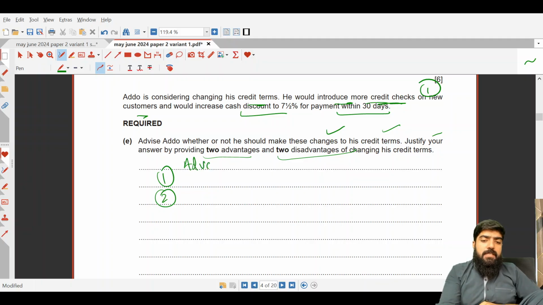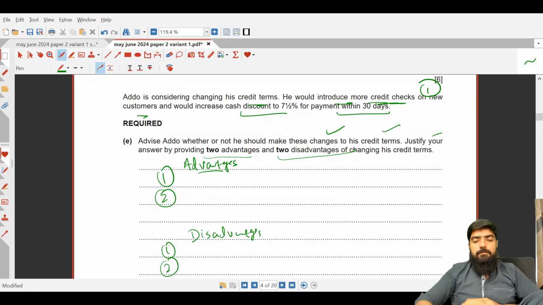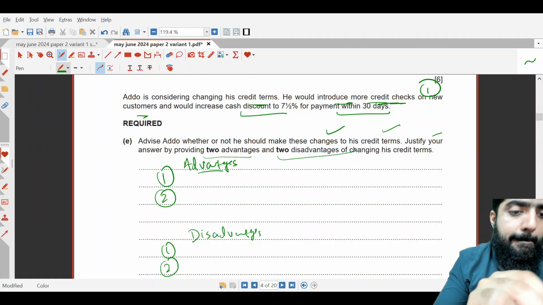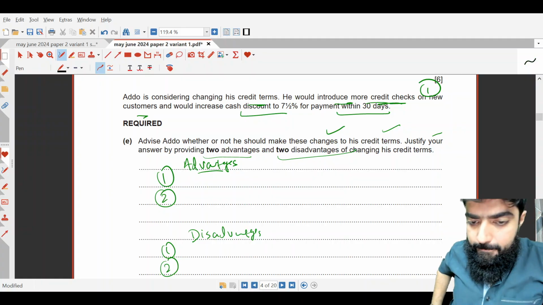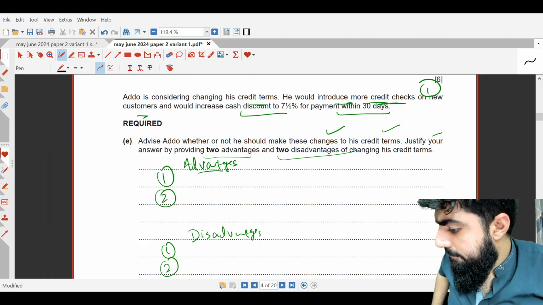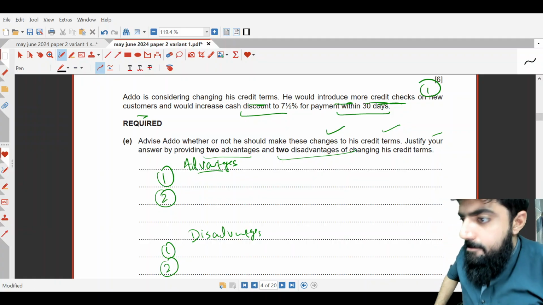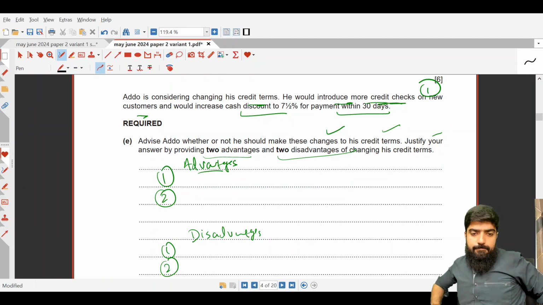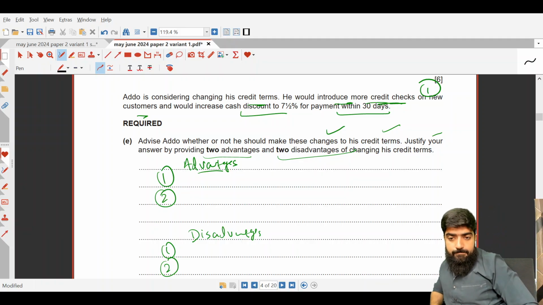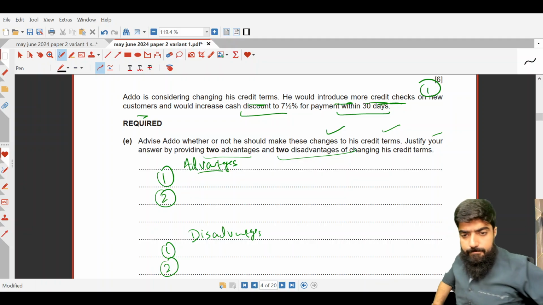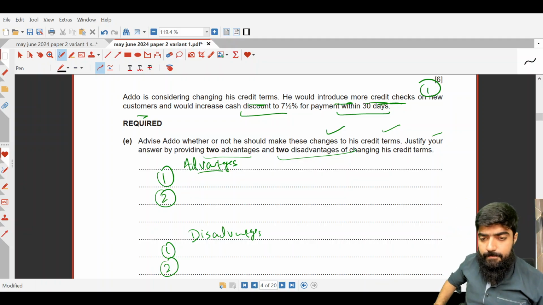Considering he would introduce more credit checks on new customers. What does he mean by more credit checks?